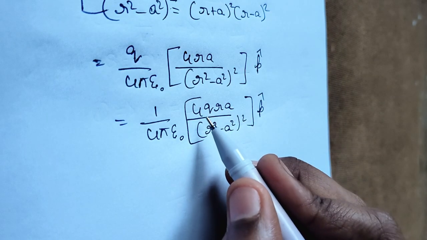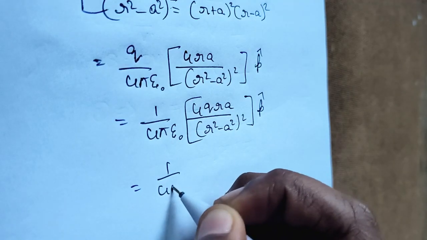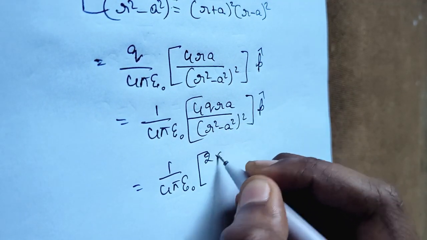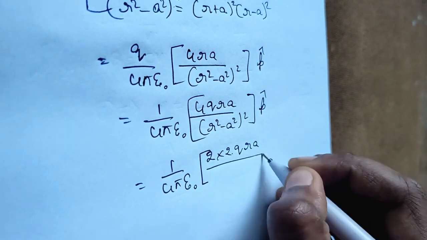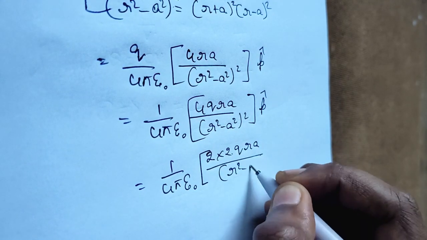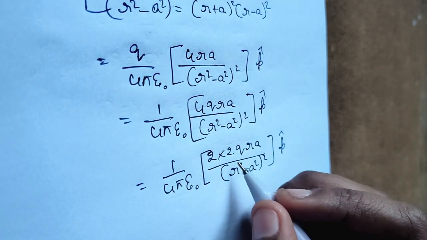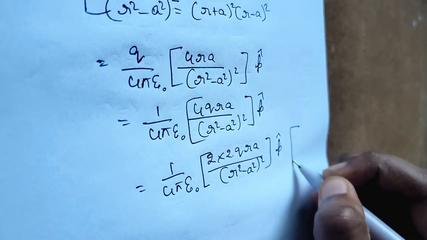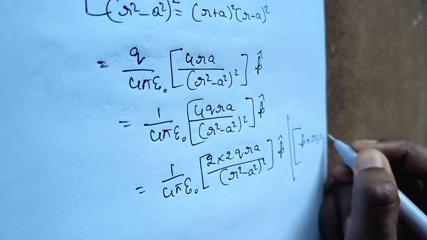Here I will split this 4 into 1 by 4 pi epsilon naught, and 4 can be split as 2 into 2. So 2 into 2qra divided by (r square minus a square) whole square into p cap. Here I wrote 2qra because we know that dipole moment P is equal to 2qa.